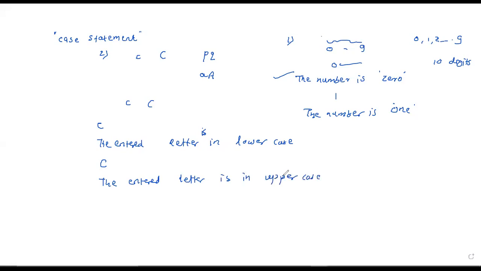So here A to Z, there are 26 letters, and capital A to capital Z, again there are 26. So if we use if else statement, you have to write this.